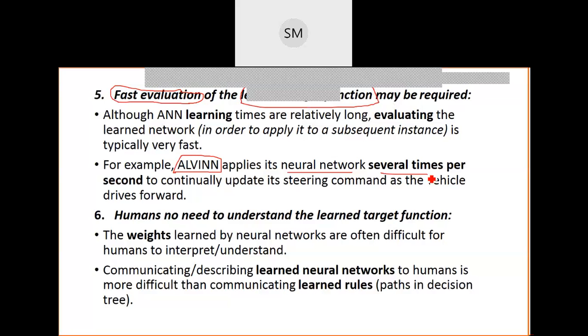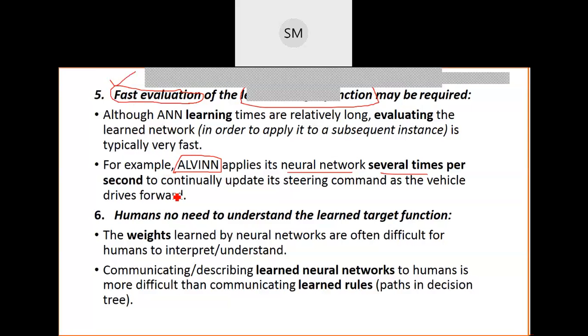Every second that camera is continuously capturing video of the highway or road. So this artificial neural network is applied many times per second in our system Alvin. Because of that, the evaluation step should be very quick. It should not take a lot of time.